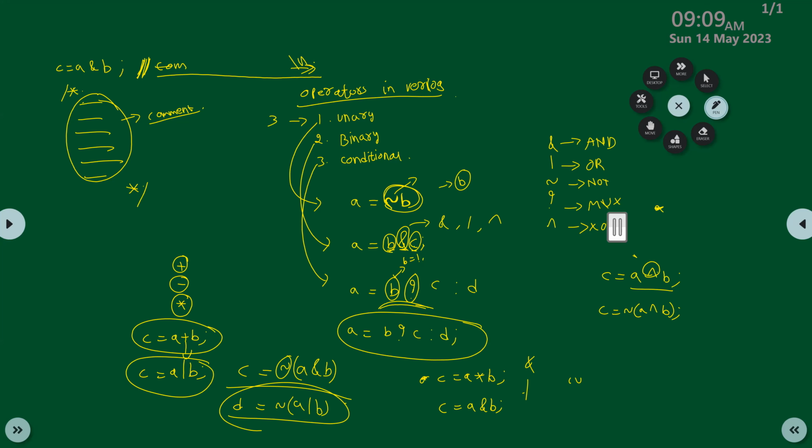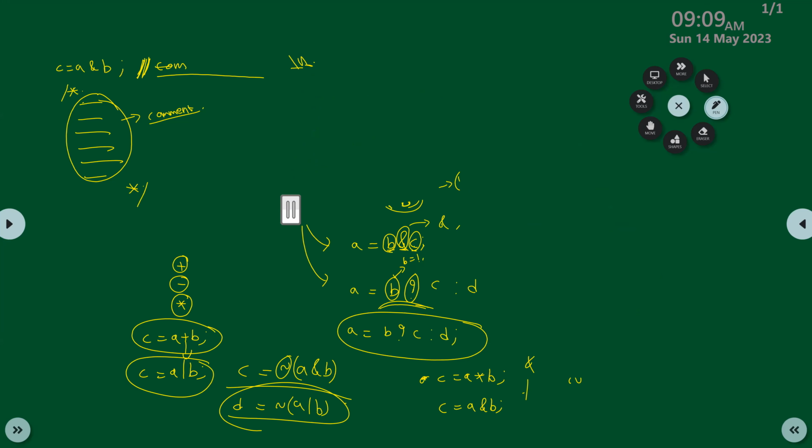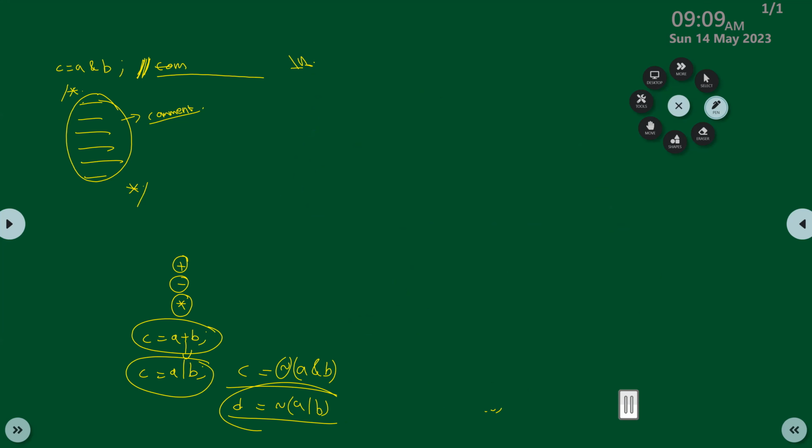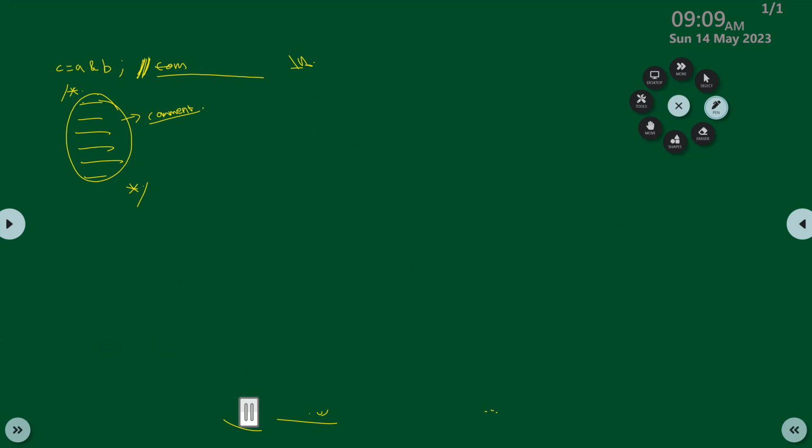So the next thing is how to give direct values in Verilog. In C language, if you are declaring a variable, let's say C is equal to 10, you can directly define it like this. In Verilog, you cannot declare it directly like this.